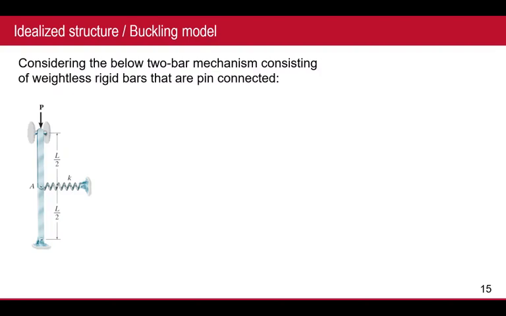From here we can understand the idealized structure for this mode. We consider the two-bar mechanism below, consisting of rigid bars, one here, one here, pinned and also connected somewhere. If we put in one spring, then of course the spring will be stretched.